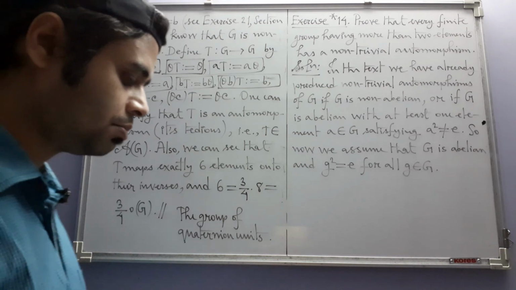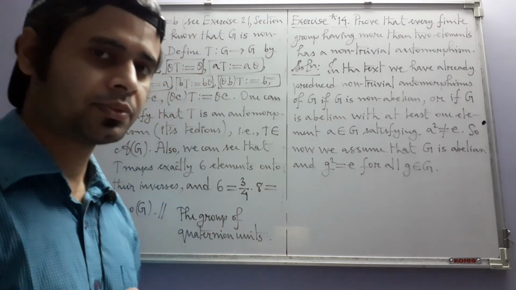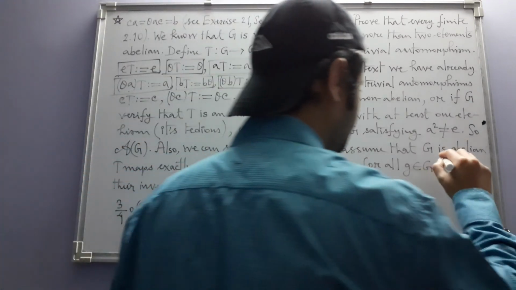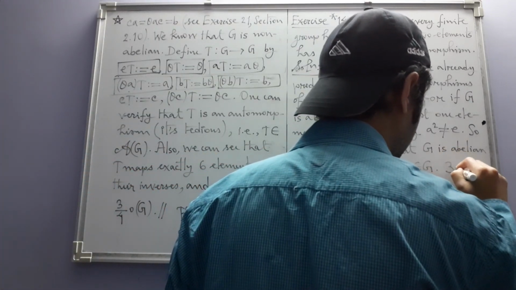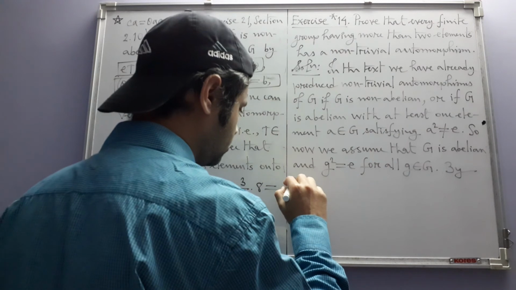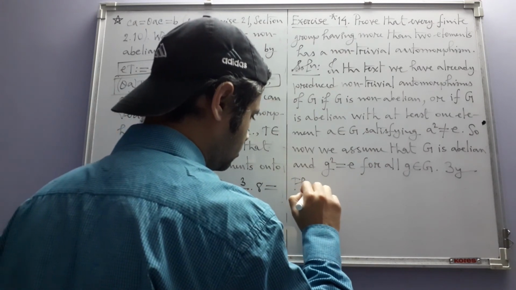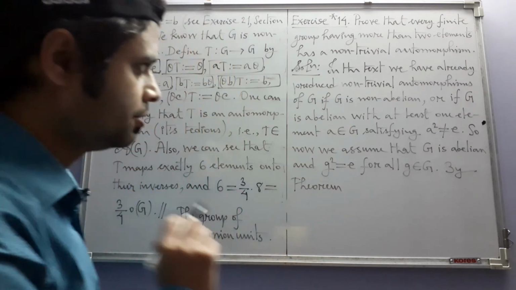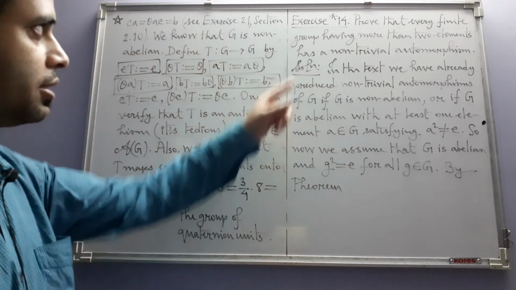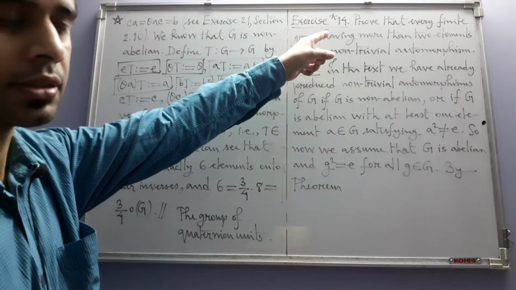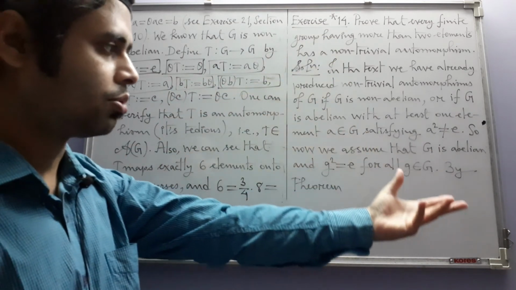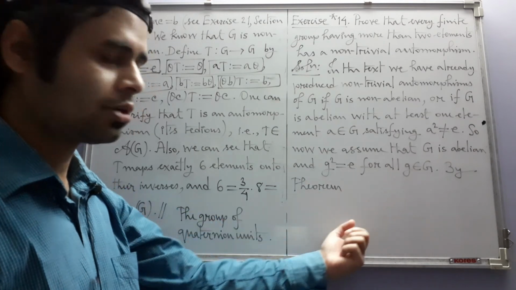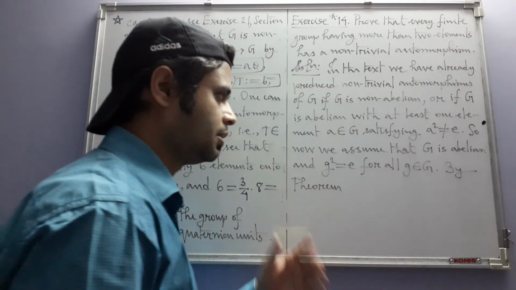So we are going to prematurely use the fundamental theorem of abelian groups. Maybe there is no way around using this theorem. That's why there is a star in this exercise, that we need more advanced knowledge of group theory to solve this exercise than what we have so far.